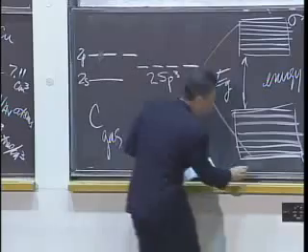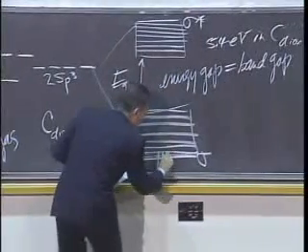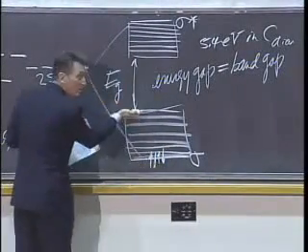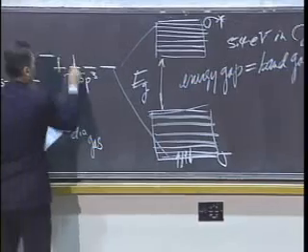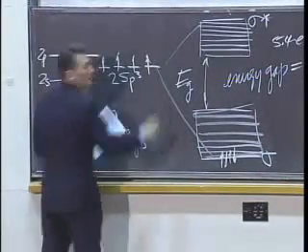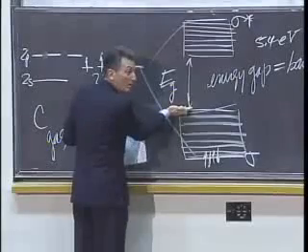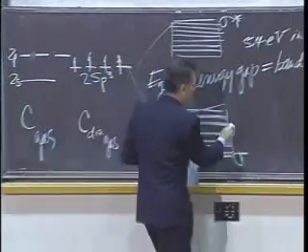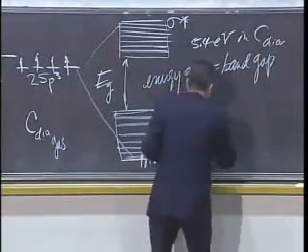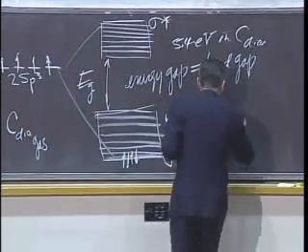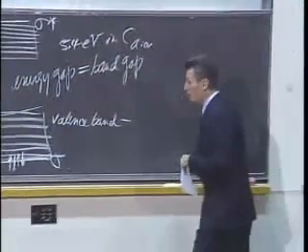Now let's fill this. 1, 2, 3, 4. And if we count this properly, see we've got single occupancy. We fill to the top of the valence band. This is known as valence band because these were bonding orbitals.